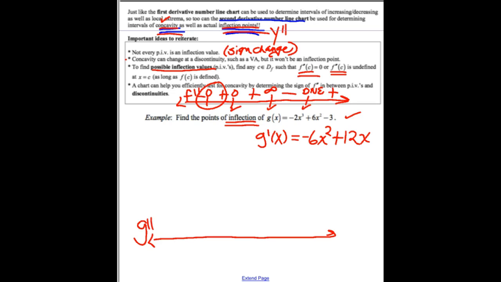Again, if my question was about critical points, increasing or decreasing, or extrema, I would analyze my first derivative on a sign line. But this is about inflection points, which is where concavity changes. So I'm going into a second derivative.